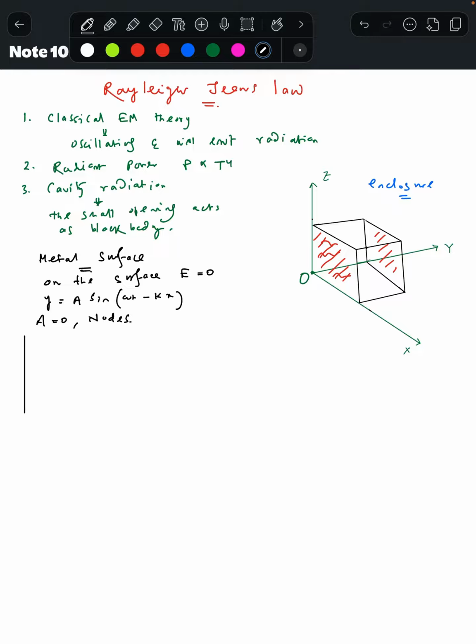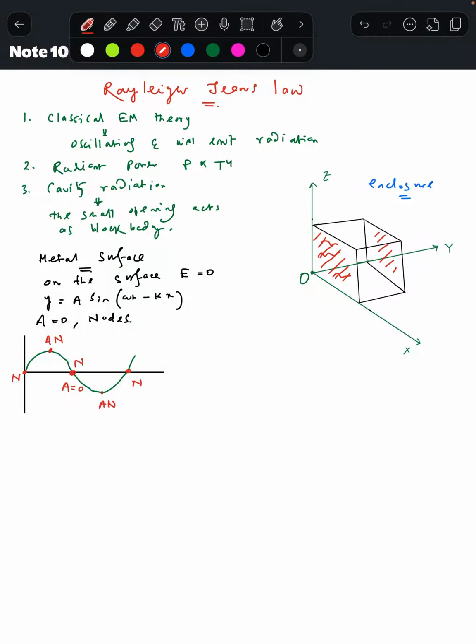If I quickly draw a progressive wave denoting a sine function, look at these points: here the amplitude becomes 0, so these points are called nodes. Where the amplitude becomes maximum, these points are called antinodes. This is common knowledge.